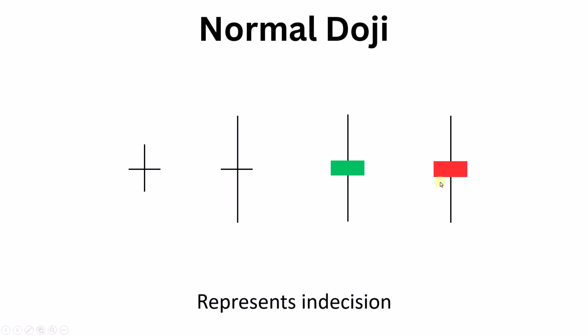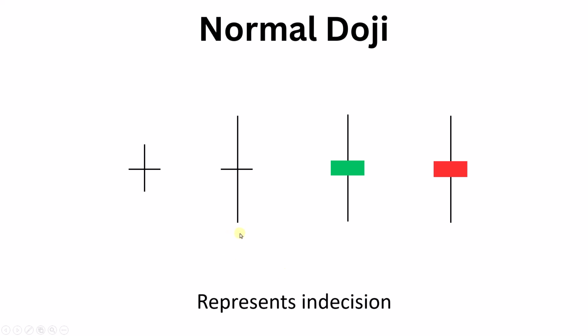Even though these two have bodies, they are considered to be dojis. Okay, and here in this candle, this is the lower wick, this is the upper wick. If you have the opening and closing price at the middle, then it is called a normal doji and it represents indecision.